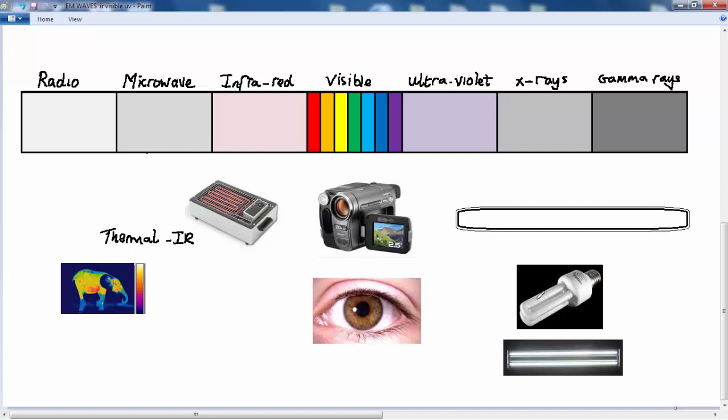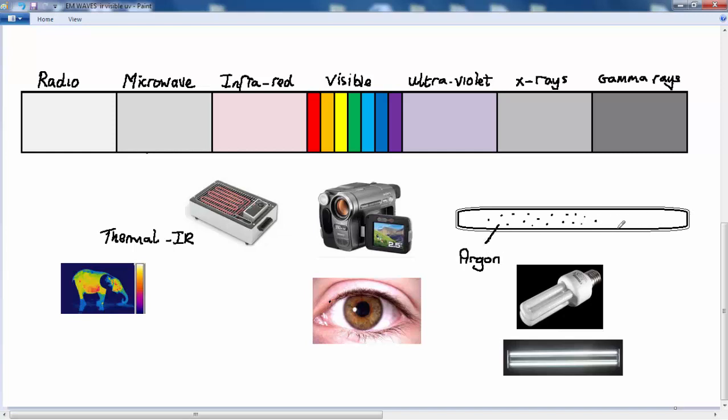Now, one very important use of ultraviolet radiation is in fluorescent light bulbs or energy-saving light bulbs such as these here. Okay, how do these work? Well, these are filled with a gas called argon. What we're going to do to get the light bulb to emit light is pass an electric current.